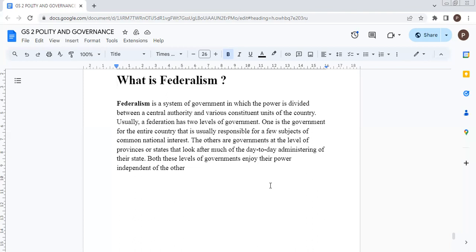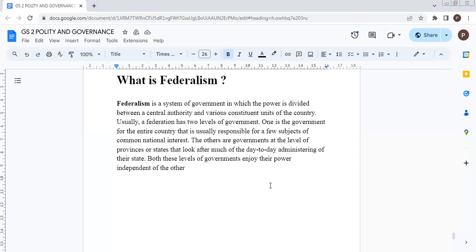And now what is the feature? The feature of federalism is that the central government is not as powerful as the states are. The central government can be broken or altered, but the states cannot be, because states have given the powers to the center to govern them and to provide them a way to governance. But when we talk about Indian federalism, there is a slight difference: no such agreement has been established.